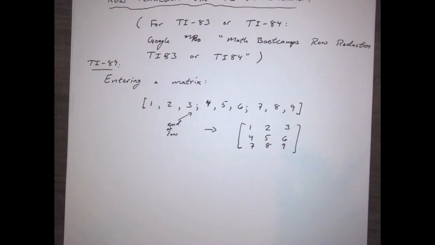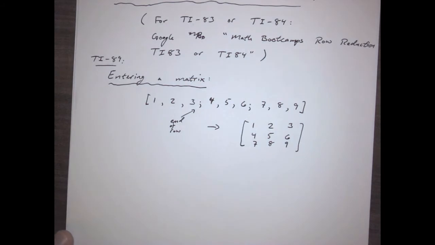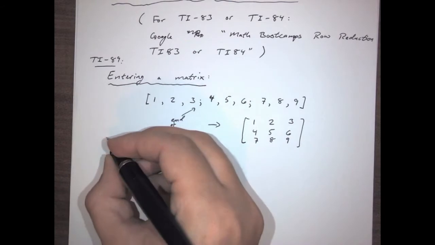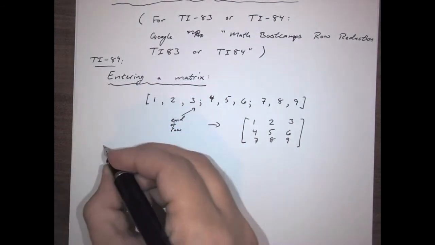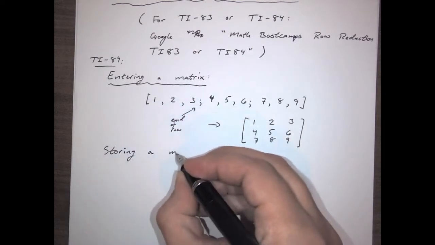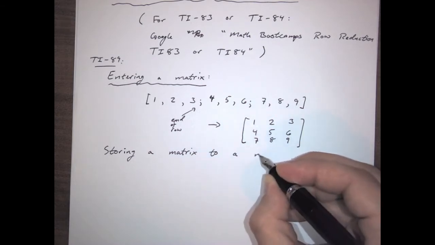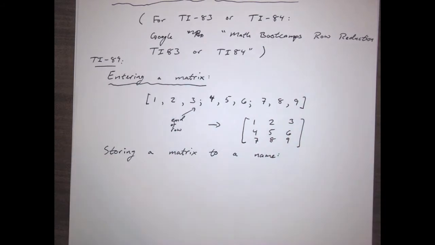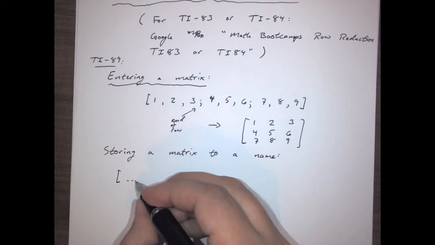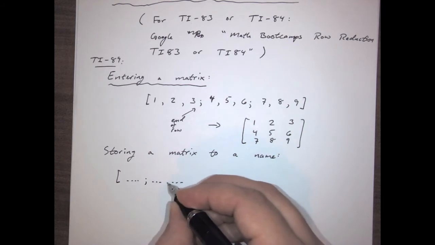So if you want to actually do math on the matrices, you may or may not find it convenient to name the matrix. So if you want to store the matrix to a variable name, then here's how you can do that. Storing a matrix to a name: you have your matrix, and it says whatever it says, maybe with semicolons in between.